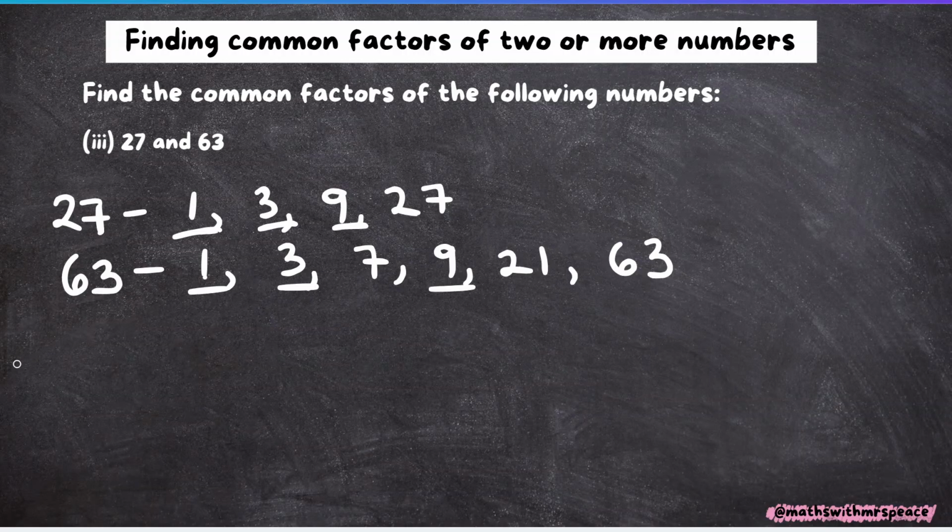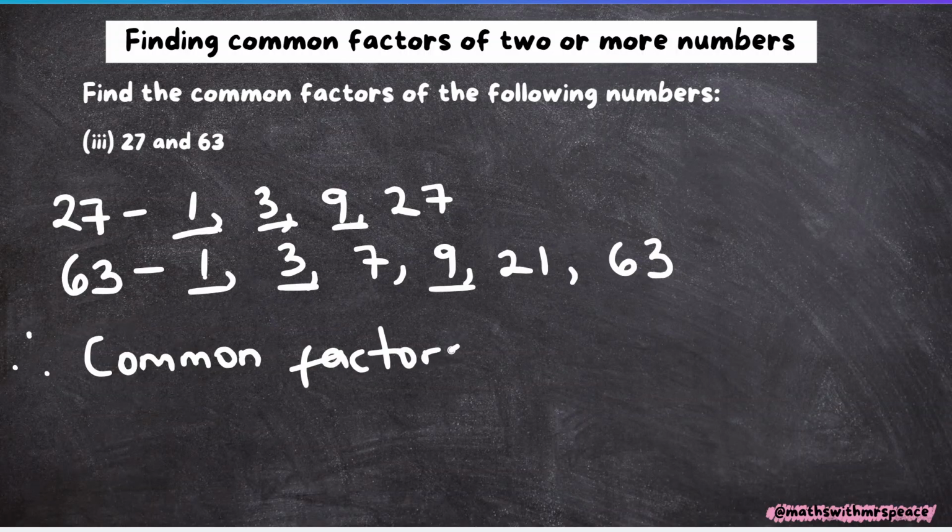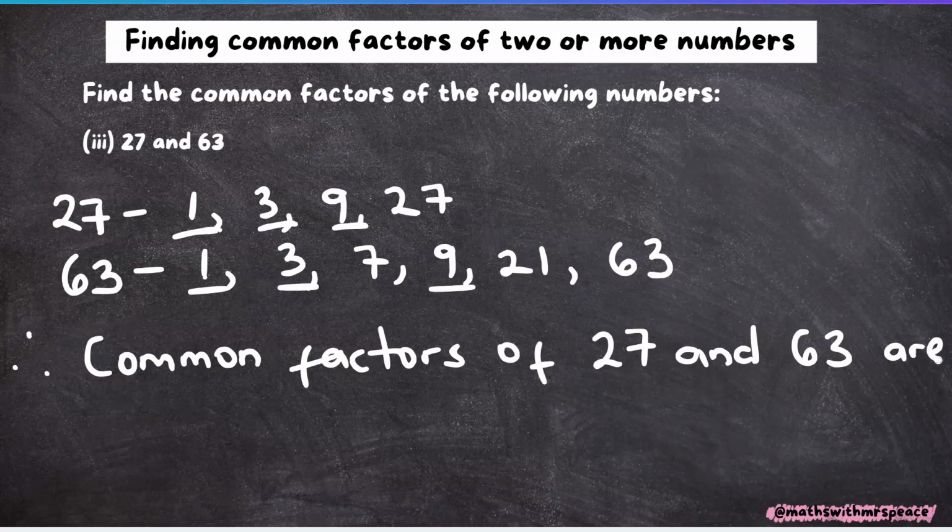And we'll conclude by saying, so therefore, common factors of 27 and 63 are 1, 3, and 9. So that's it, guys, on common factors of 2 or more whole numbers.